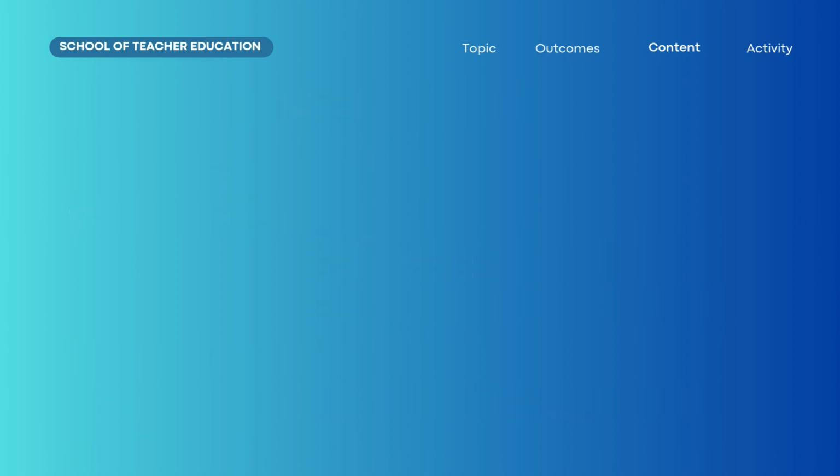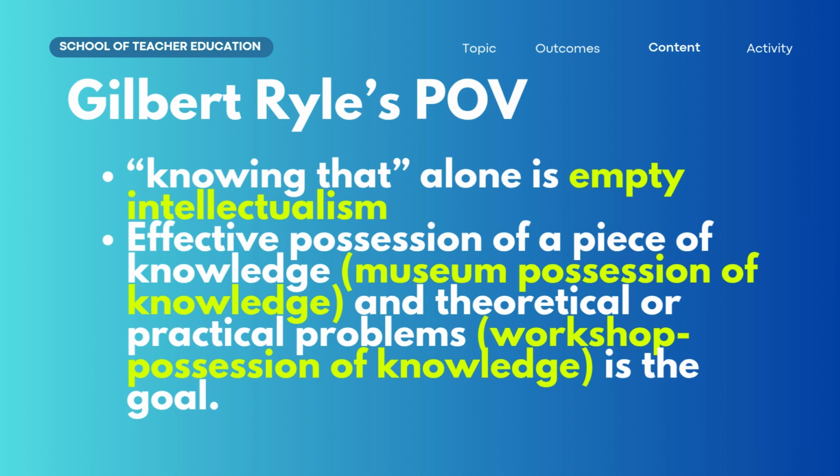So remember that according to Ryle, knowing that is empty intellectualism. That means knowing only facts and propositions doesn't equate to the highest level of learning, or not even the minimum requirement in a learning process.